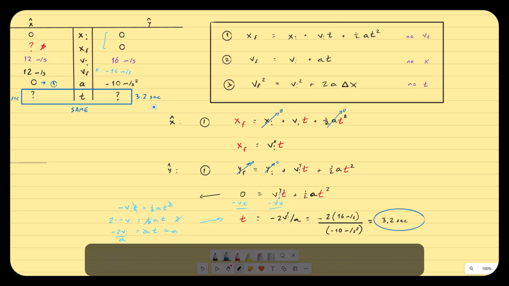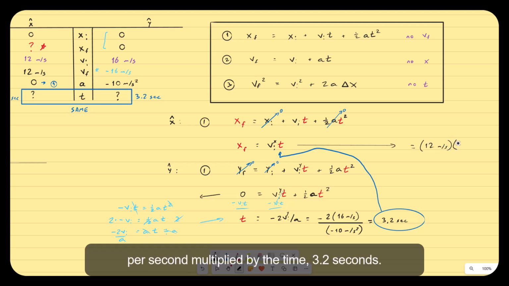These problems get long. I have this equation right here that I had been working on. And now that I've got this t value, I can solve. V initial in x was 12 meters per second, multiplied by the time, 3.2 seconds, and I get that my x final is going to be 38.4 meters.